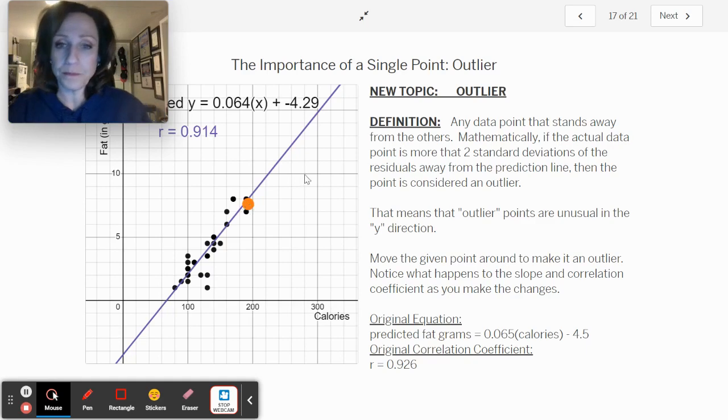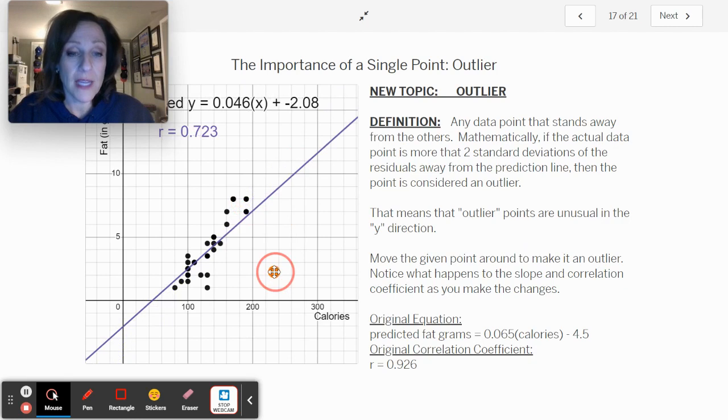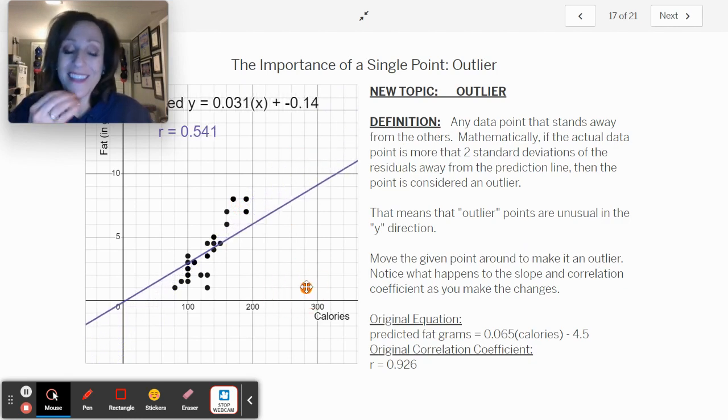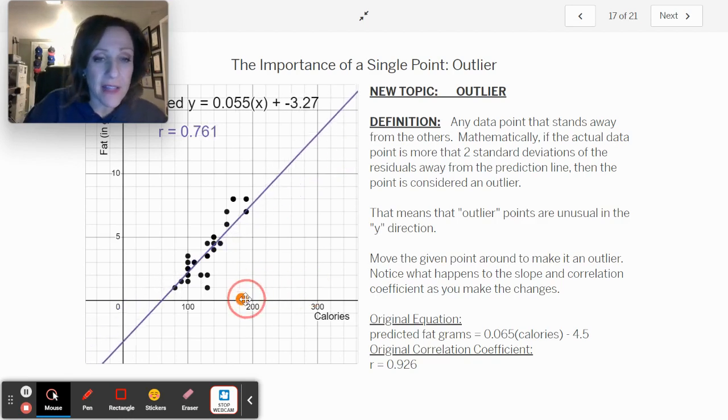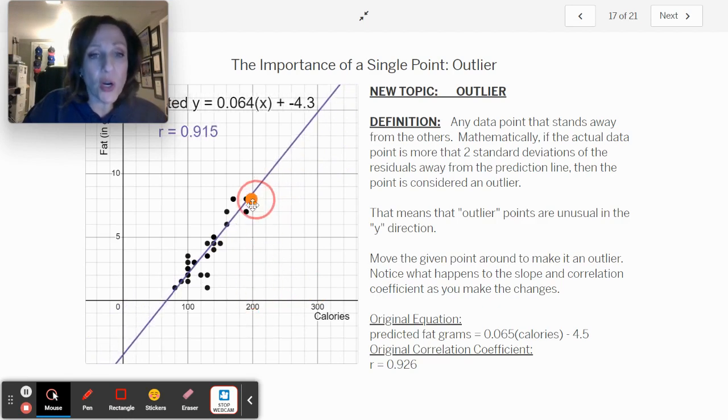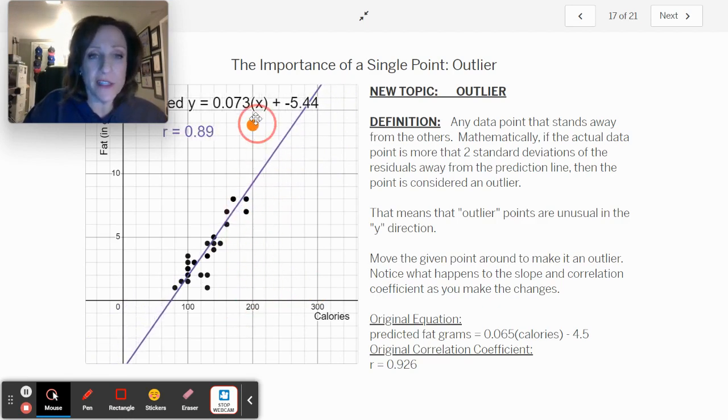Let's look. It's unusual in that y direction. Move this given point around so it makes an outlier. Notice what happens. Okay, so here we go. Something like this. You see how it is now far away from that trend in the y direction. Here's an outlier, because it's far away in that y direction.